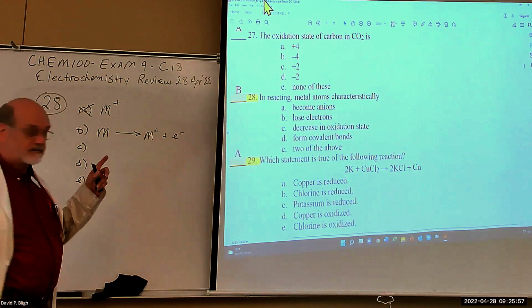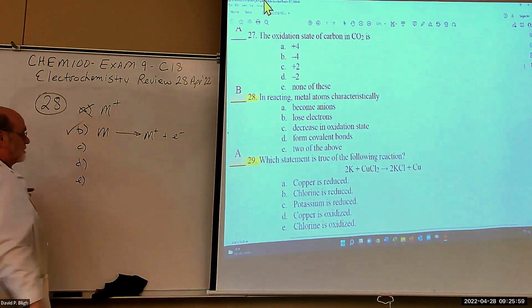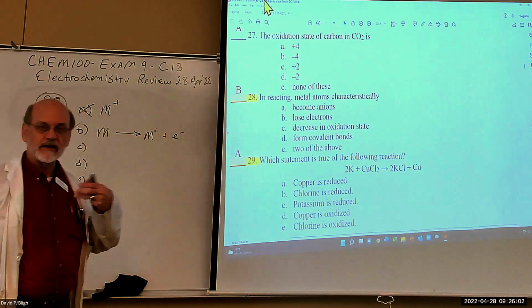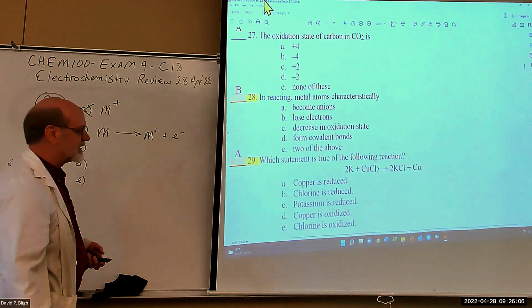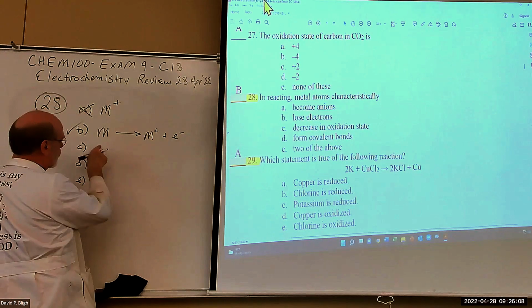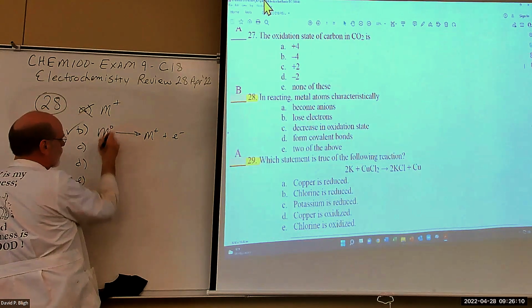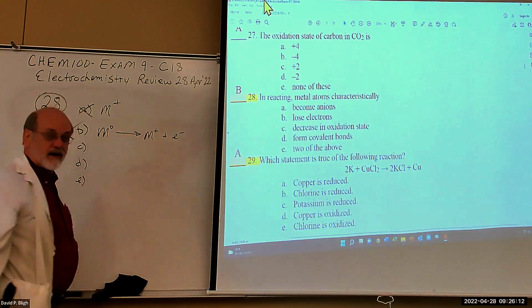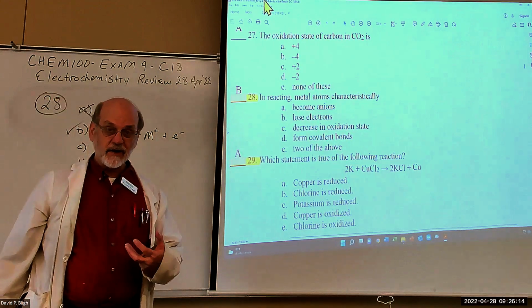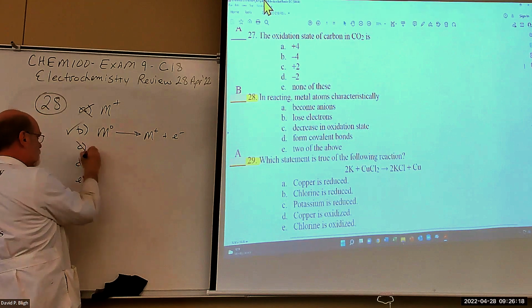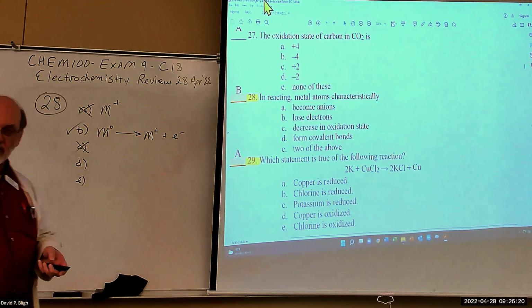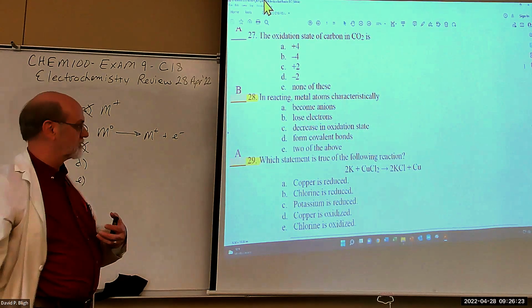That is true. This one is correct. Metals typically lose electrons. How about C? Decrease in oxidation state. So if we go from here, 0, to there, is that a decrease or an increase? That's an increase. So C is wrong.